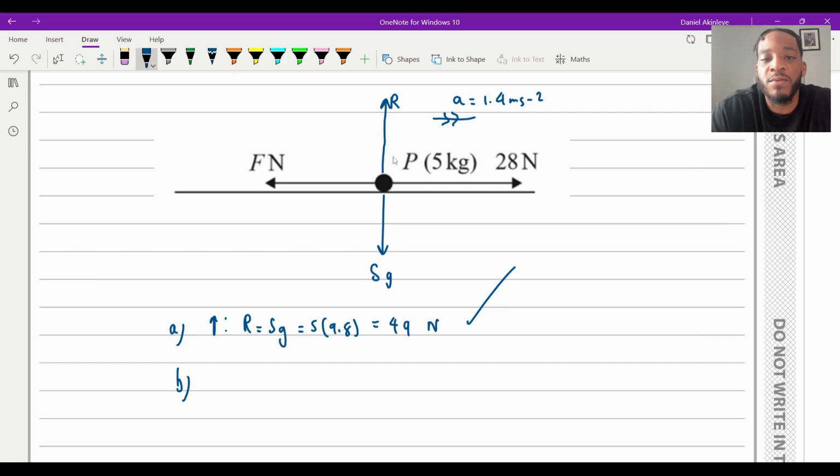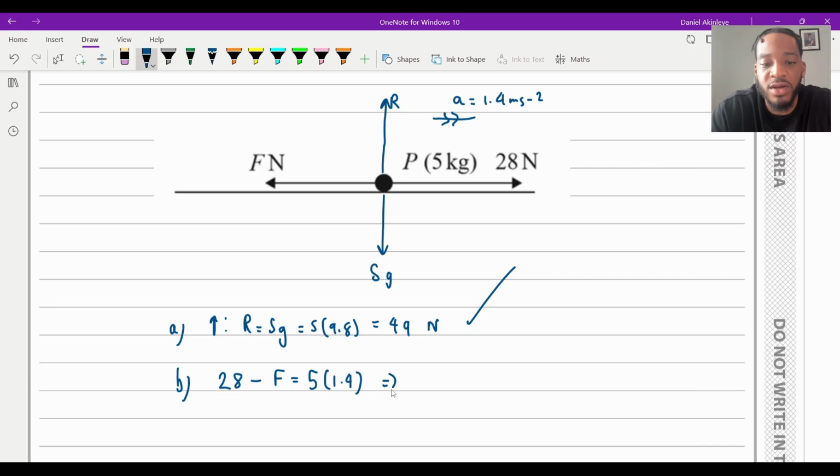The way I look at this is particle P is moving to the right, and we have this 28 newtons driving force. So the 28 newtons will be the dominant force, and the frictional force will be opposing it as it's driving forward. So we have 28 take away F equals the mass, which is 5, times the acceleration, which is 1.4.